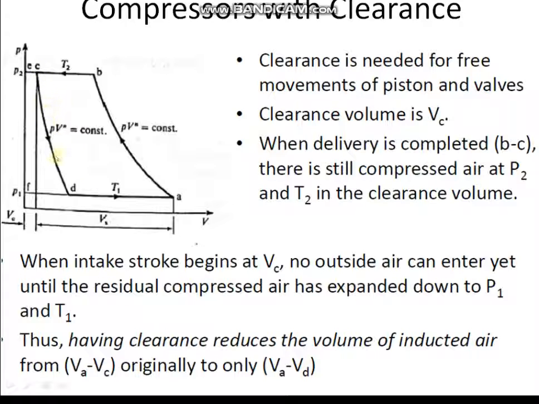So from C to D, there is already some air in the clearance volume Vc. When the piston moves further in the induction stroke, this clearance volume of air will expand till the pressure P1. Before that, no air can be sucked from the outside atmosphere. Then the pressure of this clearance air reaches P1, and the piston moves from TDC to BDC.